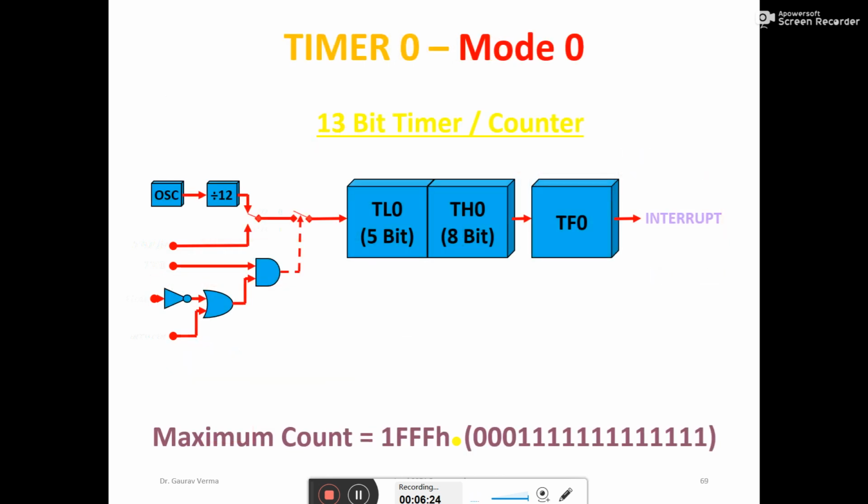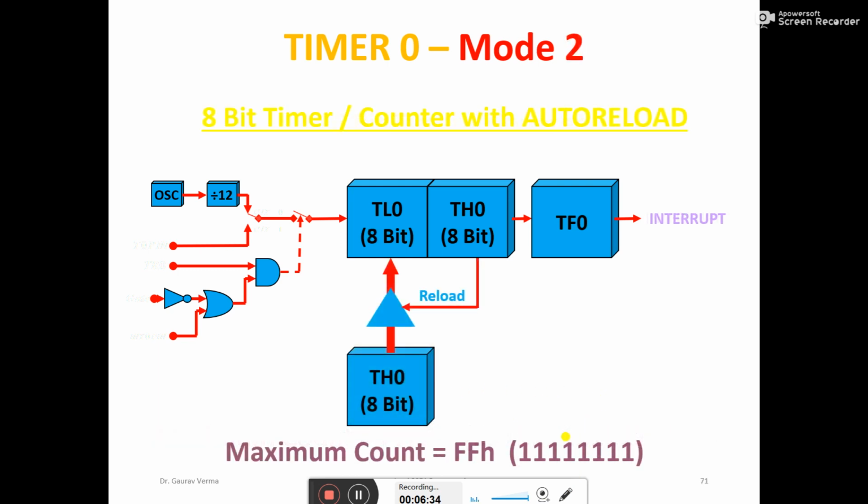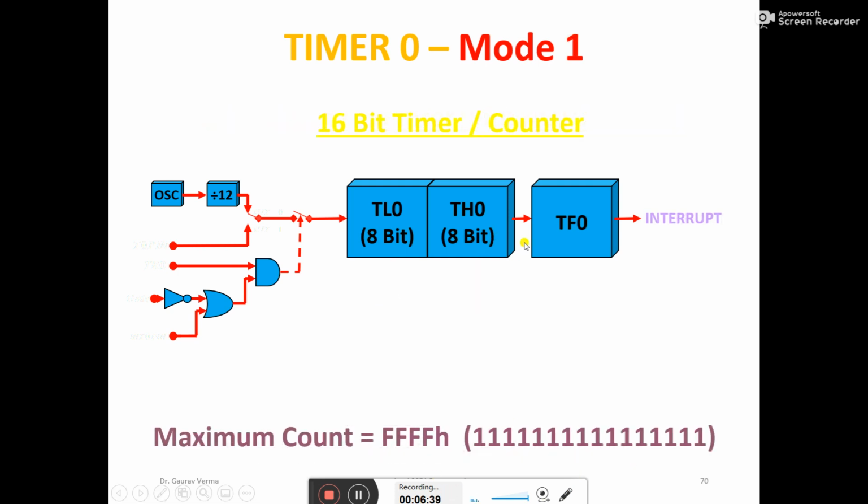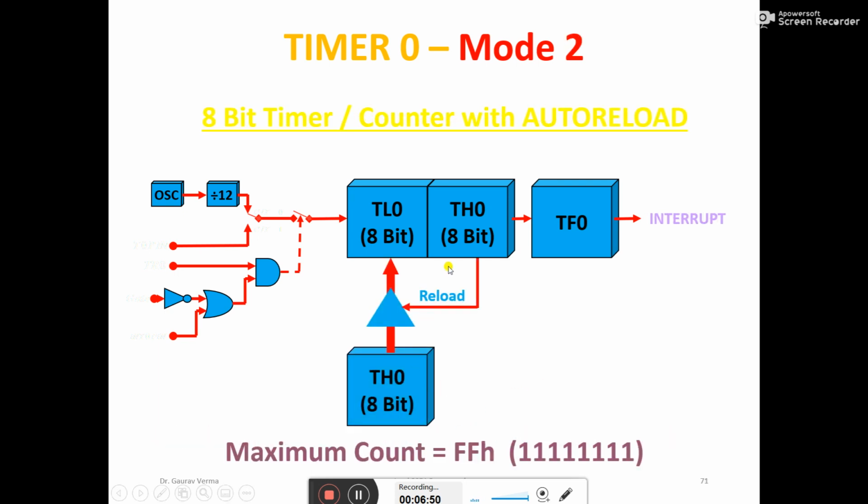In mode 0 we have the prescaler bits, so the maximum count is 1FFF. In mode 1 the full scale of TH0 and TL0 can be used, so the maximum count is FFFF. In auto-reload timer mode, the TH0 bits are copied into TL0, so the maximum count is FFH.